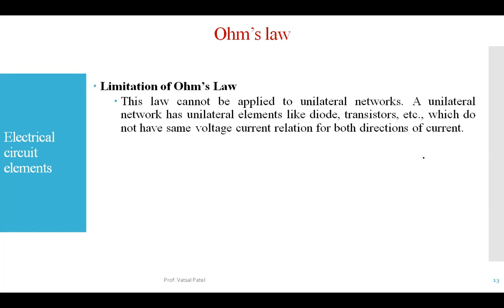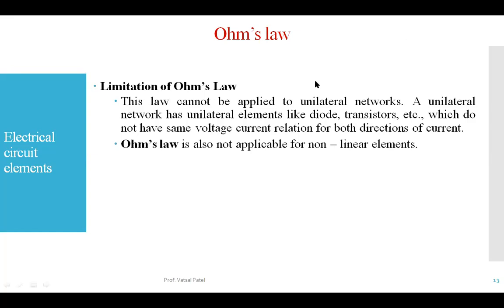Ohm's law cannot be applied to the diode or the transistor, because they are unilateral elements, meaning unidirectional current flows through that element or device. Now, what about the second limitation? Ohm's law is not applicable for non-linear elements.